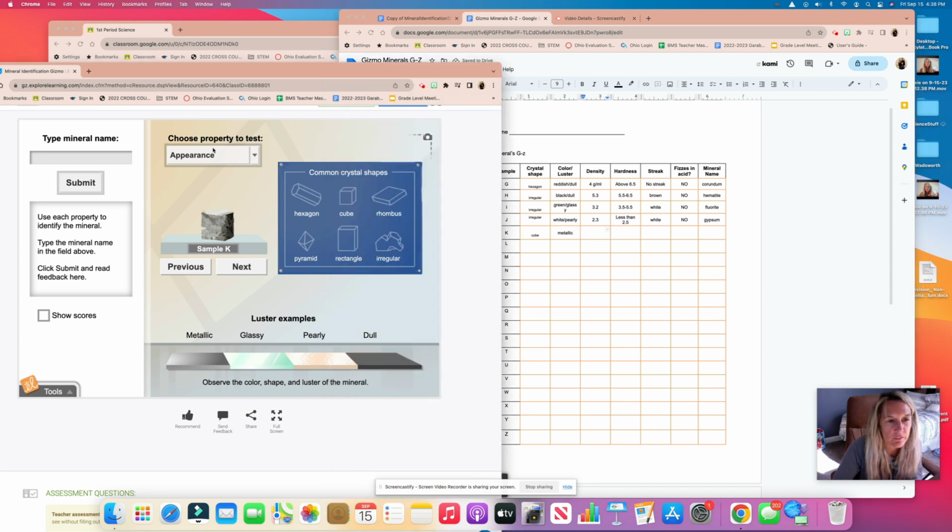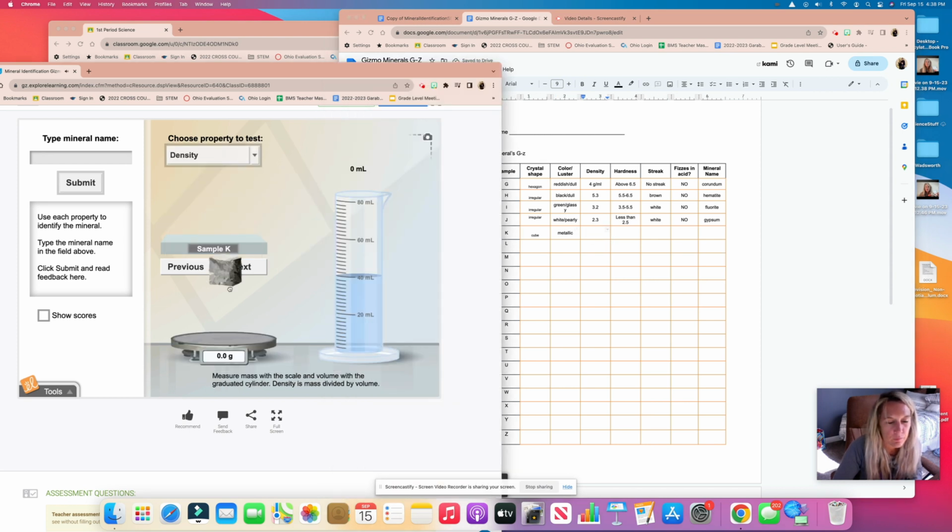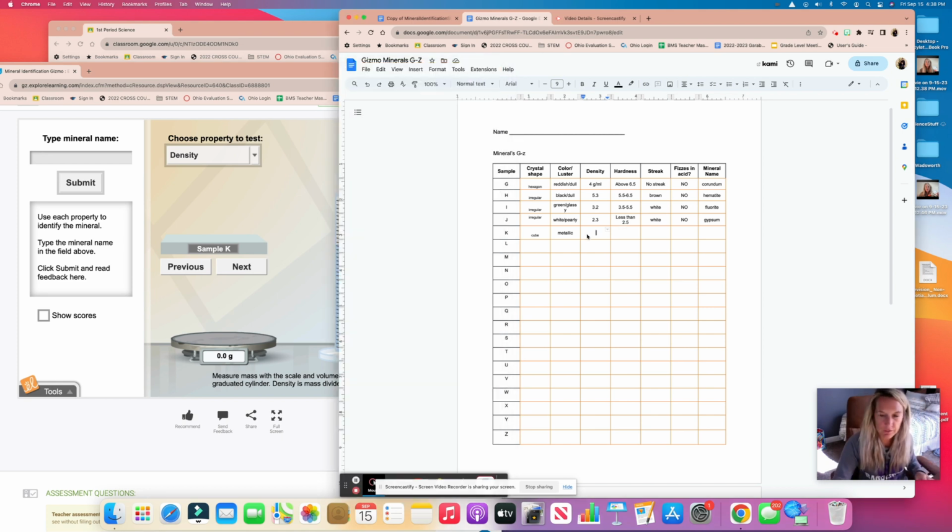All right, let's get density. Mass of 120 divided by the volume of 16, 7.5. All right, so a density of 7.5.